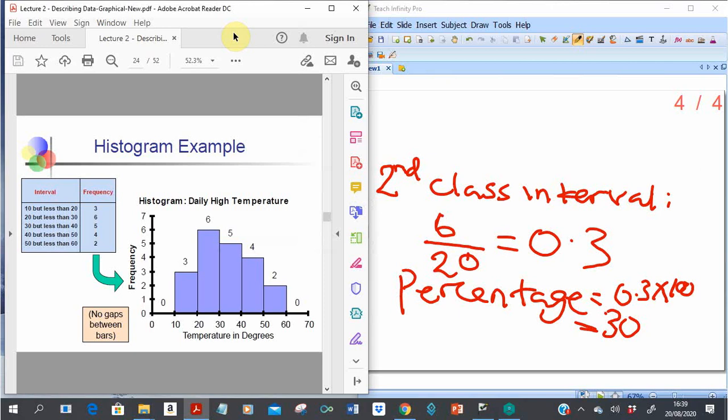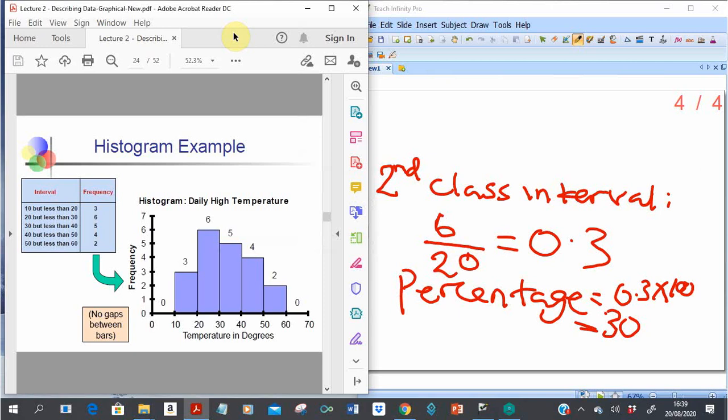Okay, then one thing that you should note here is that even the way we have constructed our class intervals, there are no spaces. You have 10 but less than 20, then the next is 20 but less than 30. So there are no gaps in between our class intervals. That is why we are able to directly construct a histogram from our data.